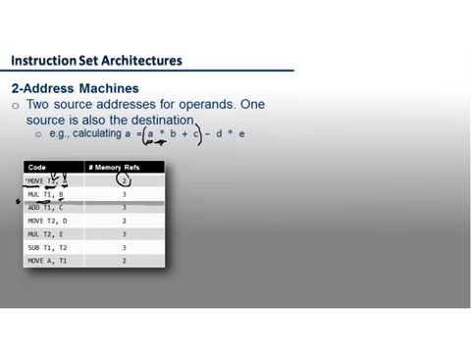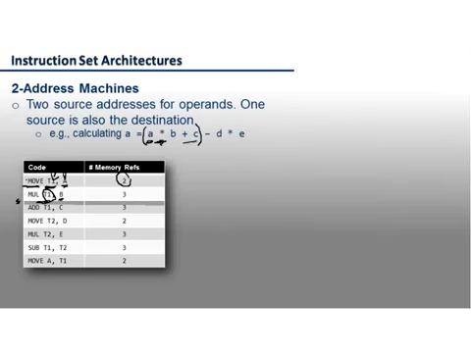So you bring T1, which has the value of A, multiply it by B, but always, the middle one is source and destination. So it is a destination, now we need to bring it back to it. So the result of the multiplication between T1 and B has to be stored back inside T1. Right.